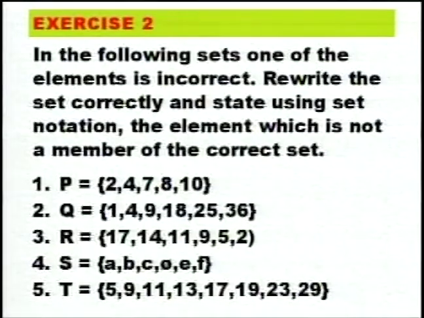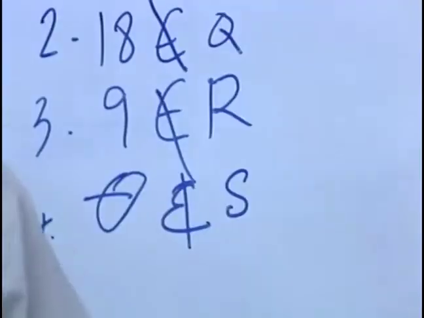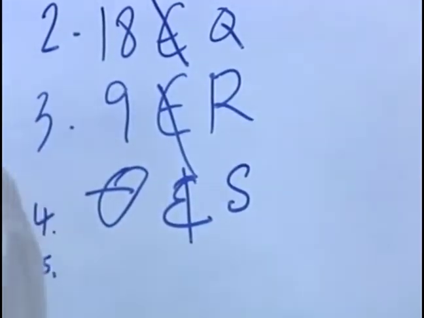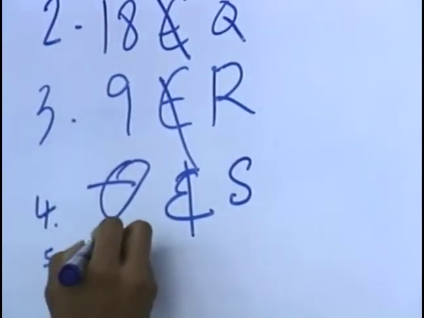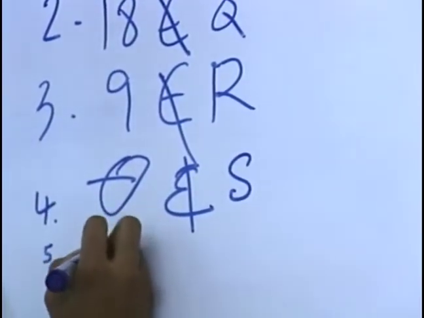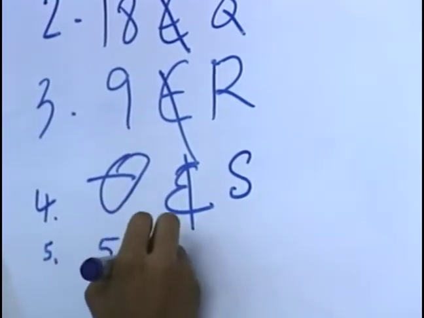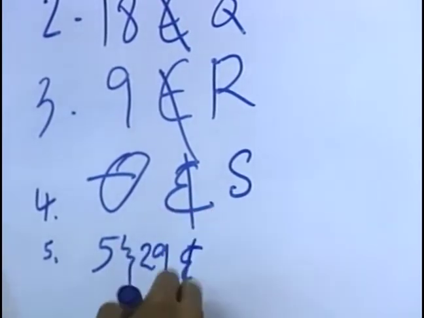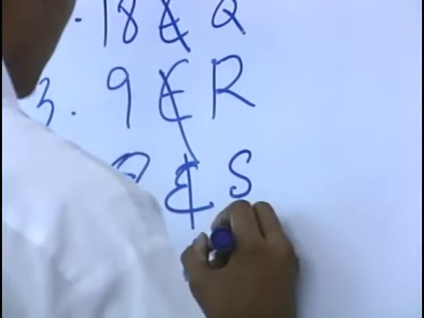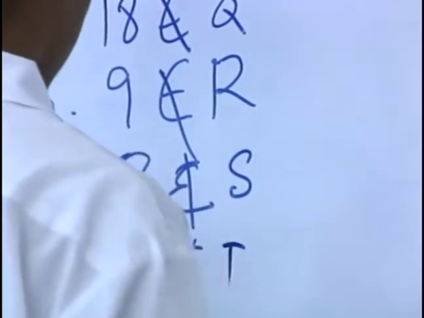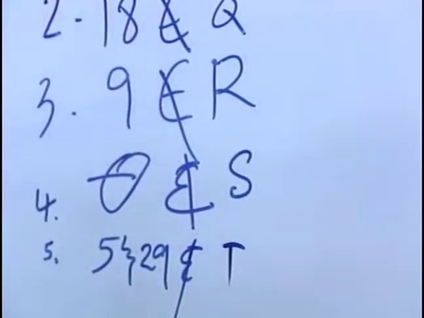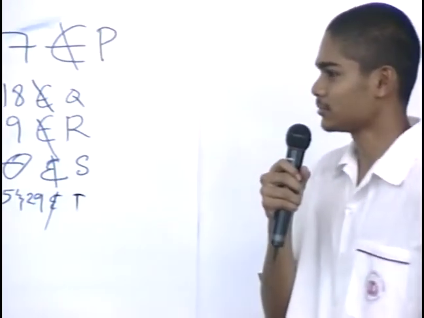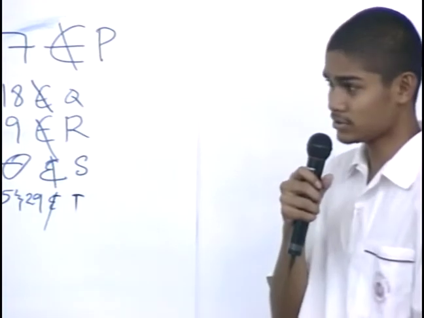We'll make this the last one. 25 and 29 are not members of T because they do not increase by 2.